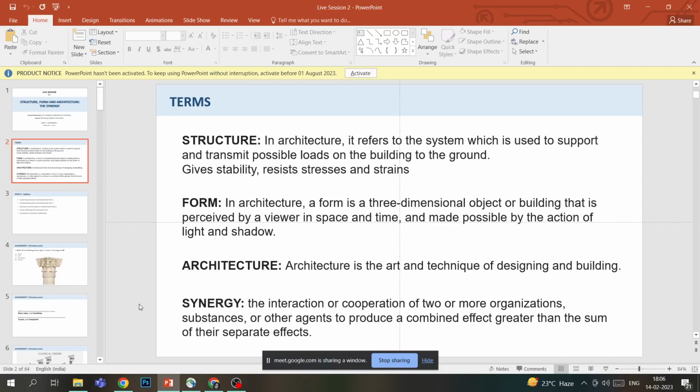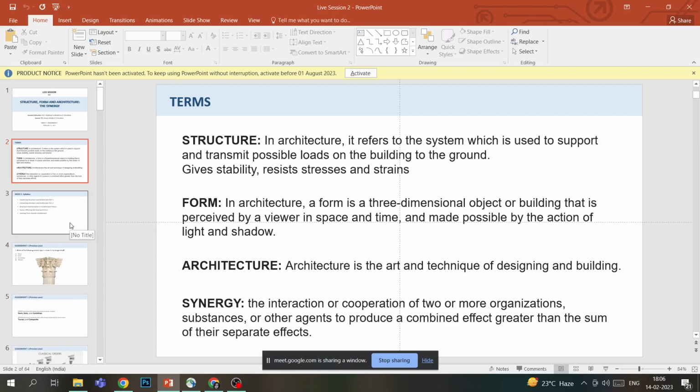Form is a three-dimensional object or building that is perceived by a viewer in space and time. Architecture is the art and technique or the science of designing and building. And synergy basically means the interaction of two or more things in which the combined effect of two or more things produces a greater effect.